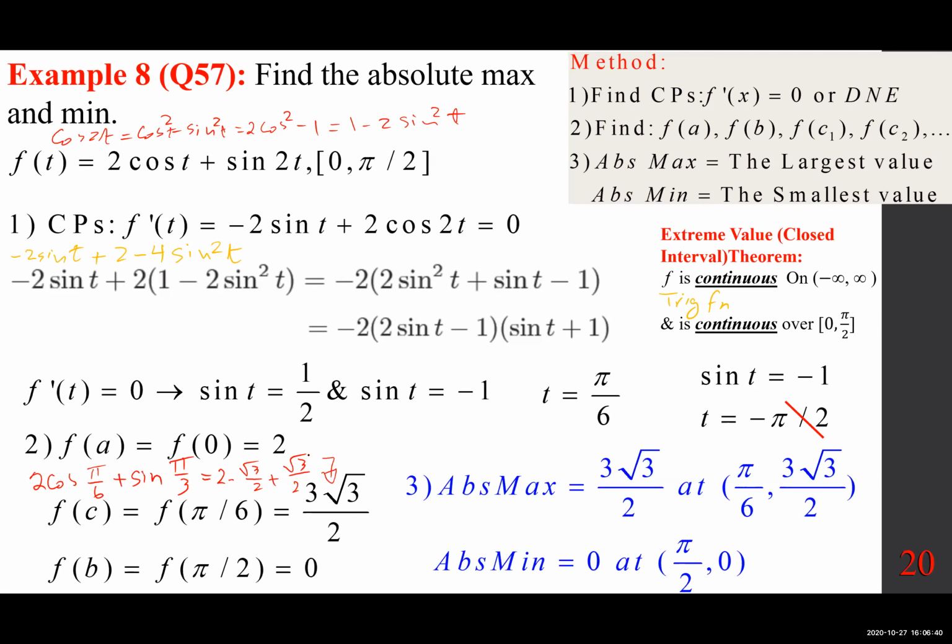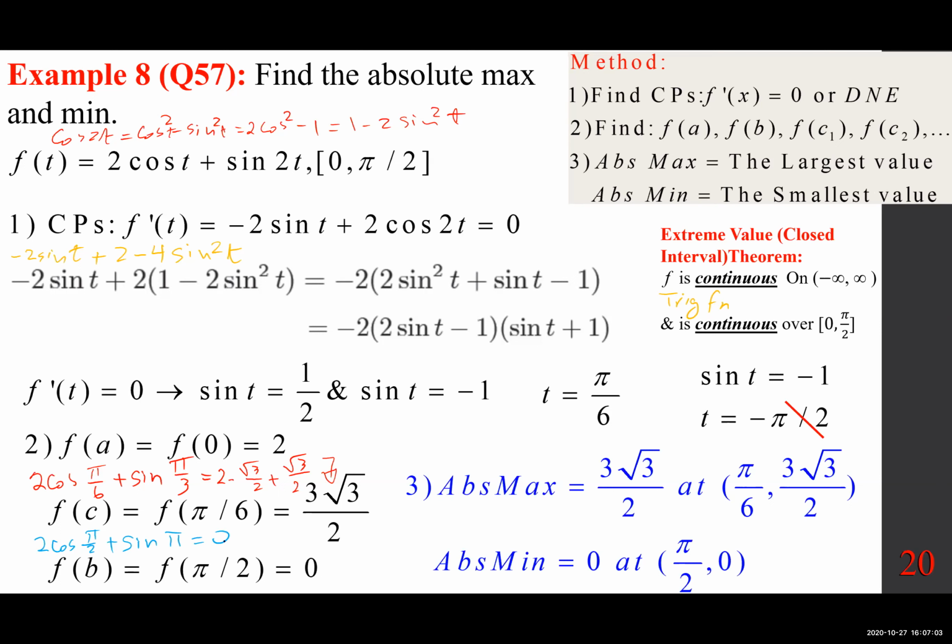Now f of b equals f of pi over 2. Let's also do this one with a different color. So for this one it is 2 cosine of pi over 2 plus sine 2t, sine of pi, everything is 0.